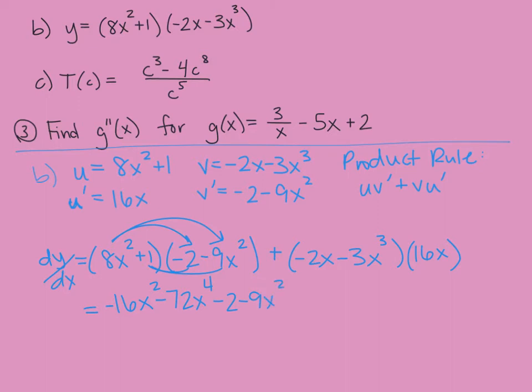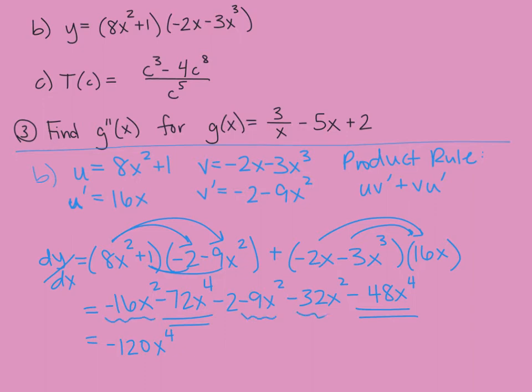Then we will distribute the 16x through. You can put those arrows either way. So we'll have minus 32x squared minus 48x to the 4th. Then we want to combine some like terms. So it'll give us negative 120x to the 4th. Then we have a lot of x squareds. That'll give us minus 57x squared, and then a minus 2.